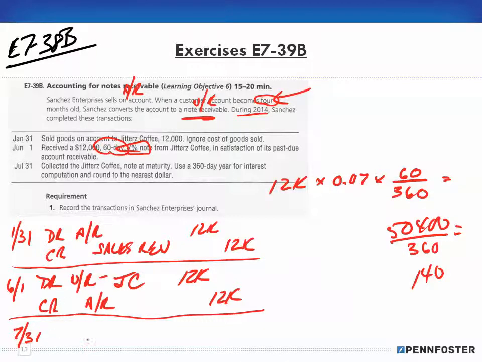So we're going to get interest revenue for 140, so we're going to credit interest revenue for $140.